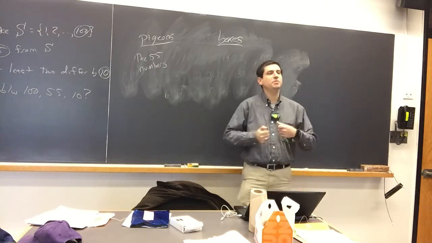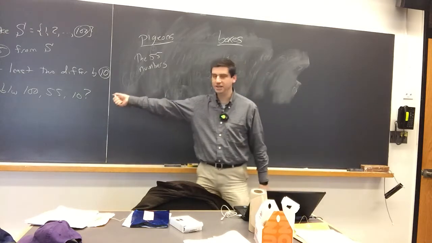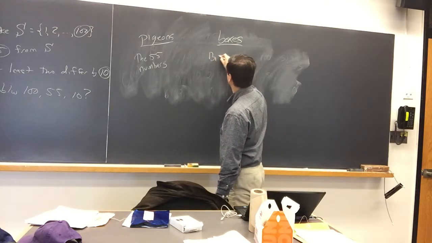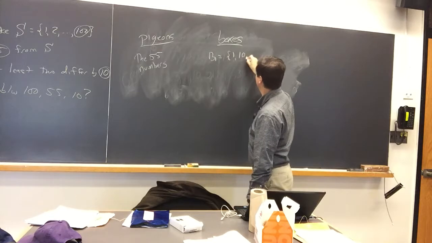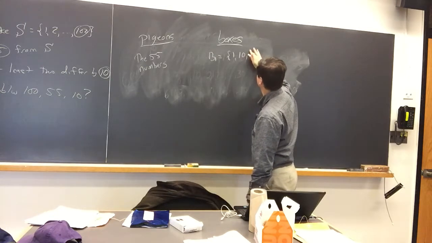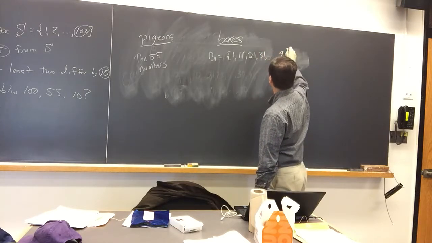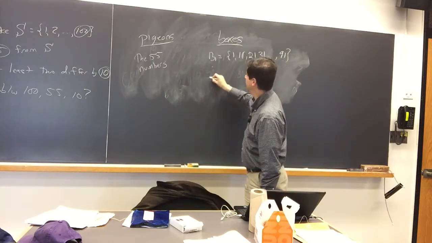Yeah, let's look at the numbers mod 10. You know, we've got a 10 here. Let's look at things mod 10. So box 1 is going to be 1, 11, 21, 31, dot, dot, dot, 91.